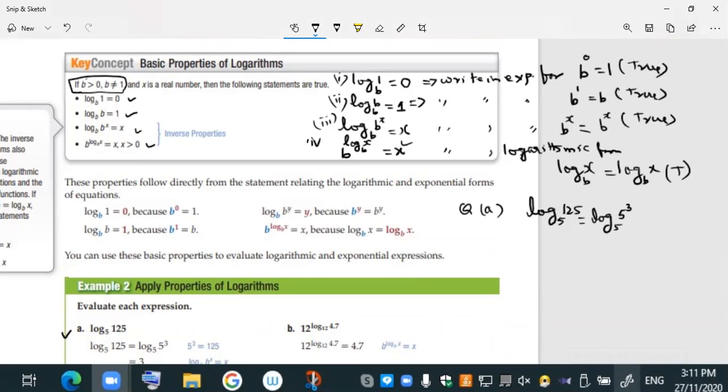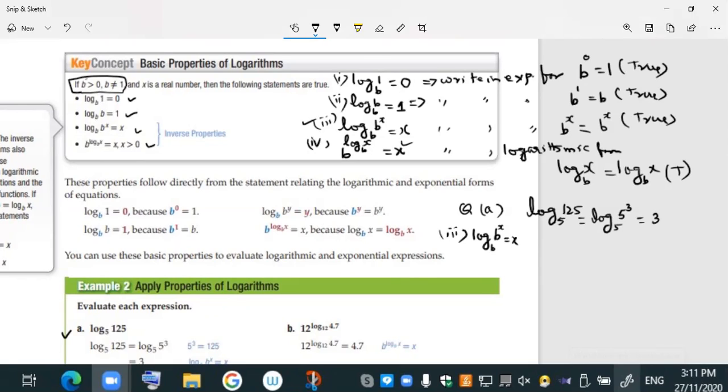I am talking about formula number 3. So formula number 3 says that log b to the power x to the base b is equal to x. This is followed here. Here b is 5, x is 3, therefore its value will be equal to 3. Got it?